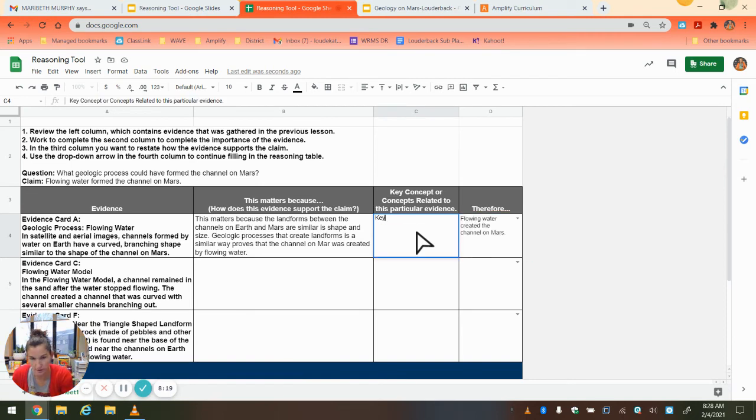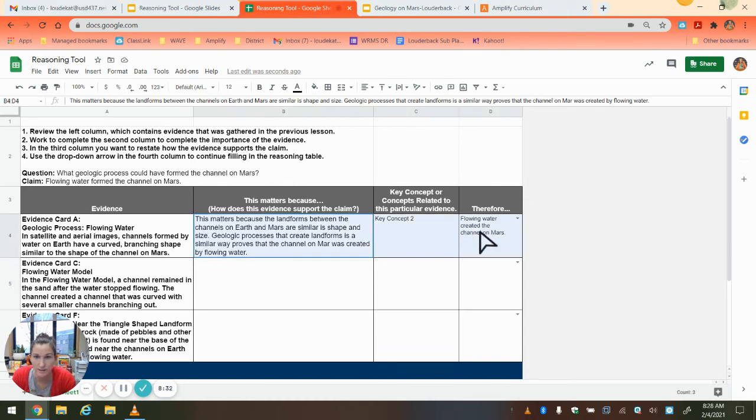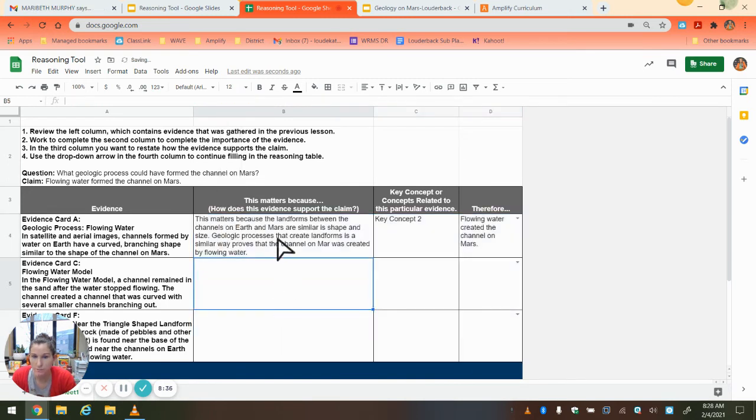So I would just write key concept 2. And you've already done this. This is what I want to see out of your work: you processing why each of these evidence cards supports the claim that water created the channel on Mars.